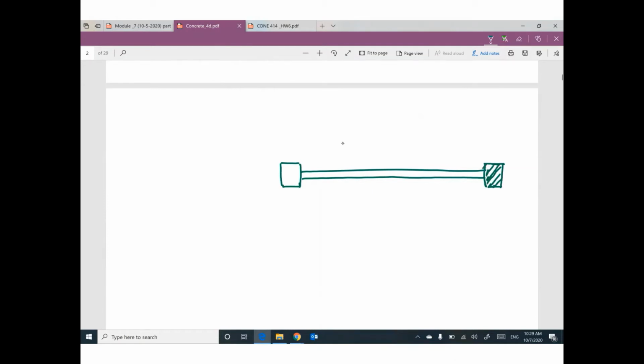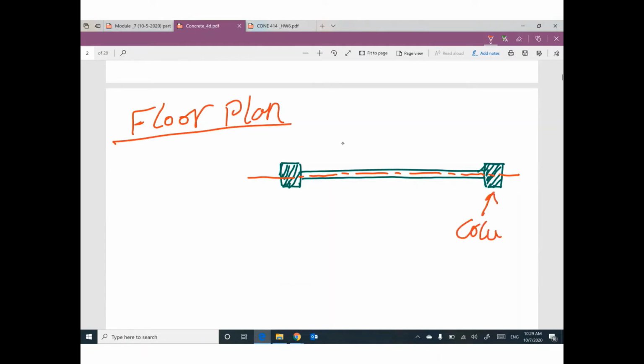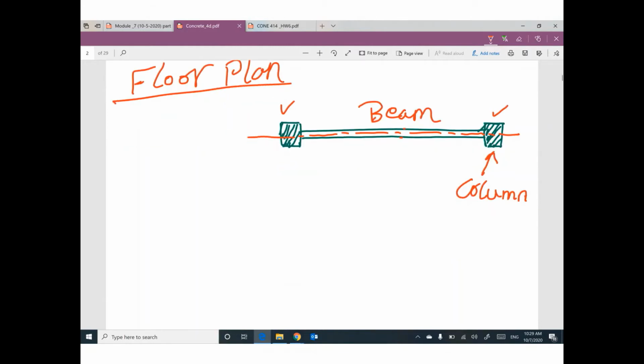So if you have something like this, and sometimes we provide a center line. In a floor plan, this shape represents a column, and these two lines represent a beam between this column and this column. Or you have a column and another column and a center line.